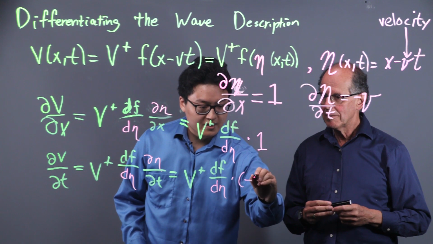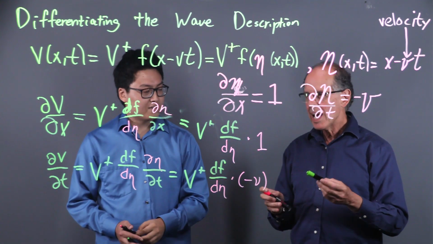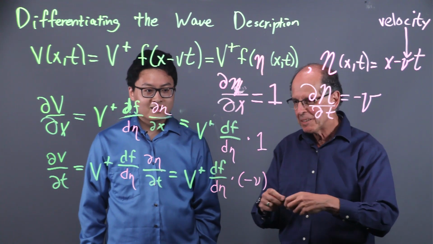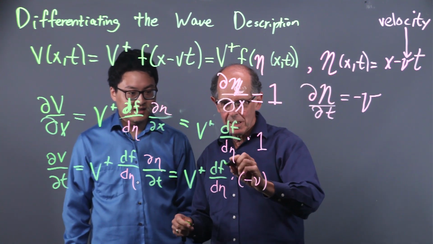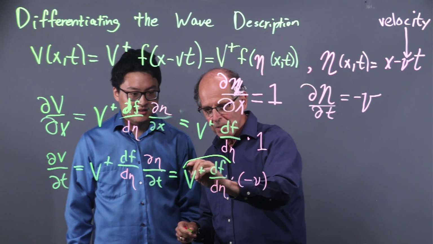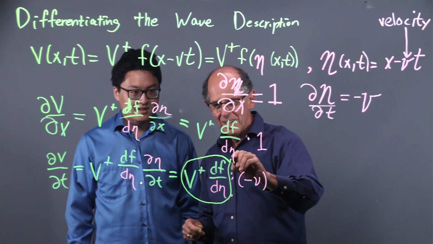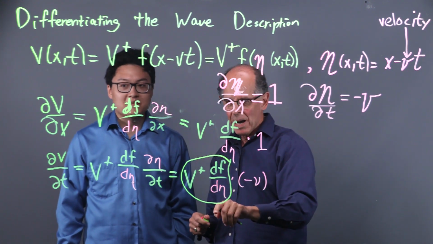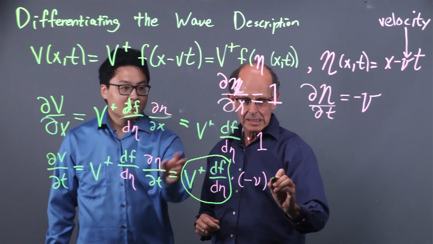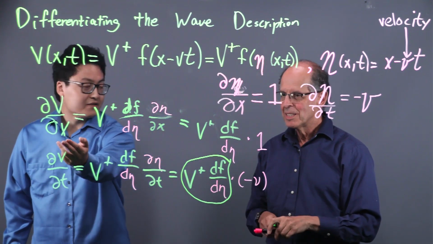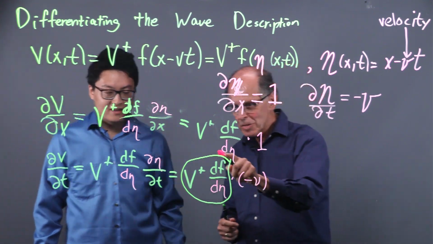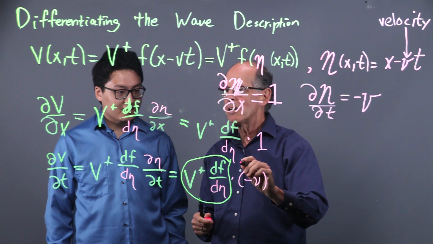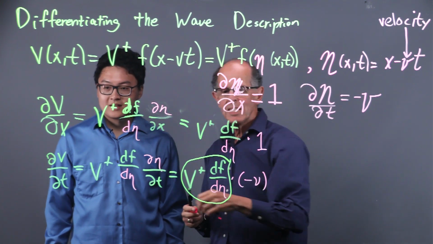Times negative v. And now here's the creme de la creme, the end of the story. I'll use green. V plus df d eta is V plus, equal to what? Actually, this is 1, so it's just equal to dv dx. So this blob that I've circled in green actually becomes dv dx.